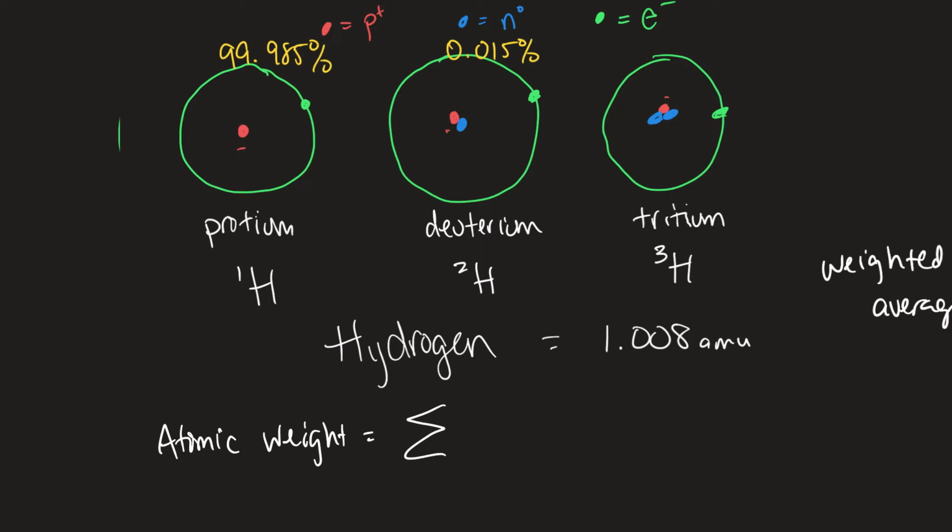It's the sum of the mass of the isotope, multiplied, and obviously there's a percentage that goes with it, so multiplied by what we call the percent abundance of the isotope.